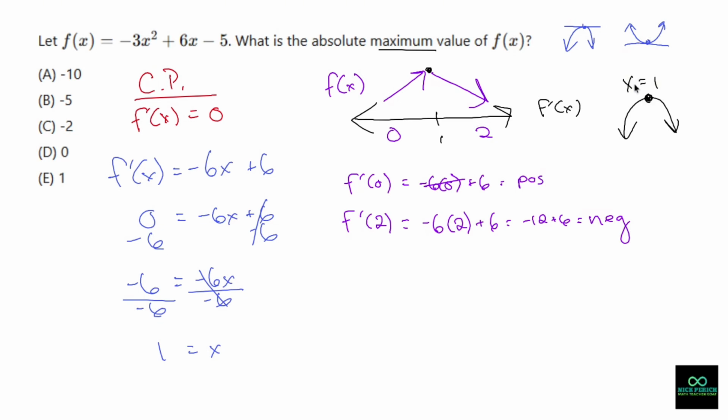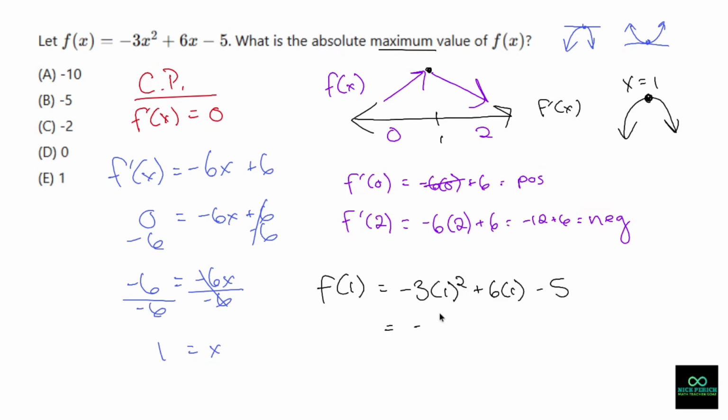In order to find out what that maximum value is, you plug 1 into the original equation, not the derivative, because the derivative will give you 0. You plug it into the original equation because that tells you where it exists on the original function f of x. So f of 1 is going to equal negative 3 times 1 squared plus 6 times 1 minus 5.